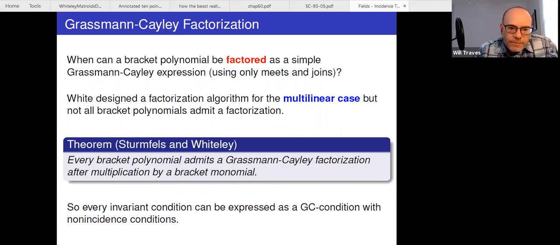But in general, it's not possible to factor all brackets. But Sturmfels and Walter Whiteley proved that every bracket polynomial admits a Grassmann-Cayley factorization after you multiply by a bracket monomial. So, what the heck does this mean?